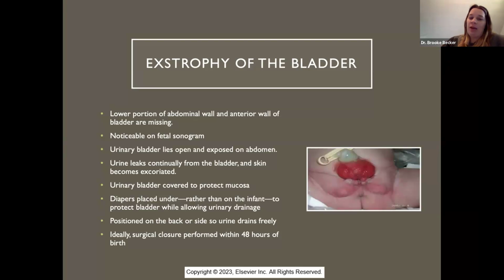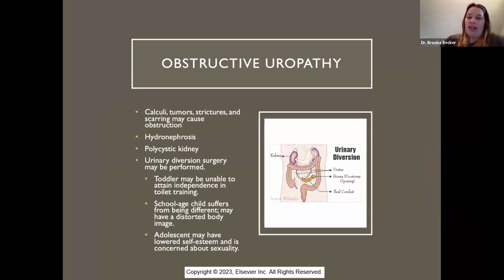You will want to have these babies positioned on their side or on their back so the urine is draining freely. The diaper is under the infant instead of up and over the bladder, okay? Like I said, repair is usually within 48 hours of birth.